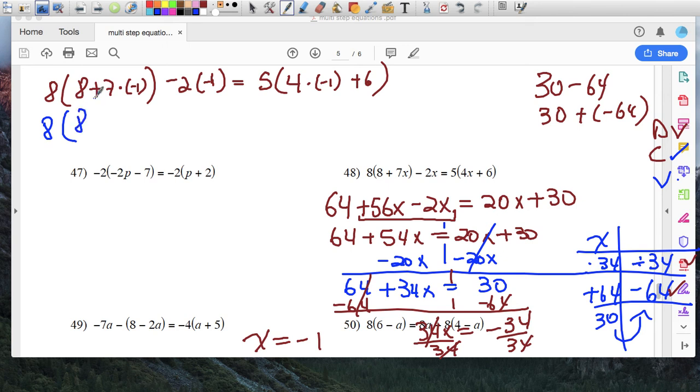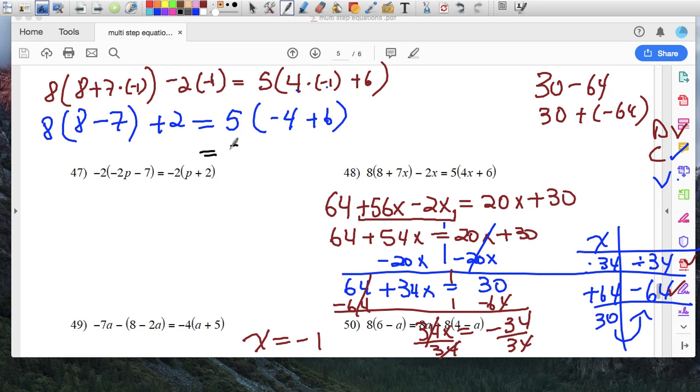So I got 8, and then positive times a negative is a negative, and 7 times 1 is 7. I can do these two. 2 times negative 1 is plus 2. Oops. On this side, 5 is just going to wait a little bit, and inside I have 4 times negative 1, so positive times a negative gives me negative 4, and then plus 6.